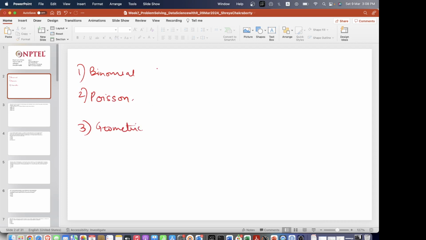We also learned in what context these are used, what the CDF or the PMF, probability mass function, is, how to characterize these, what the mean and variance could be, and so on. I'll solve a few more problems on these distributions, and then we'll move on to week 7 lectures. So consider this one.